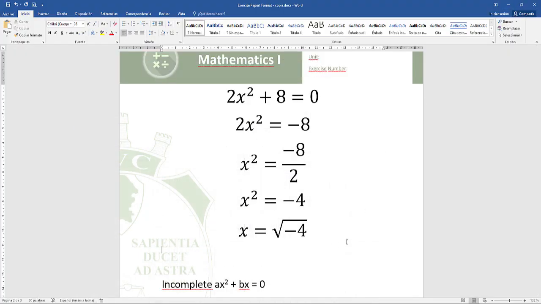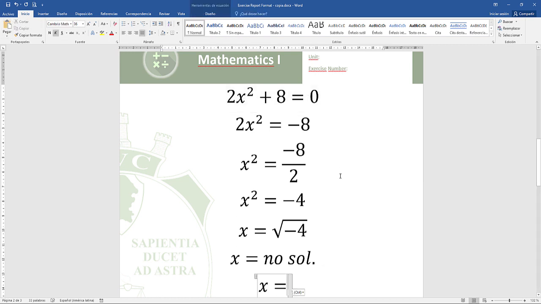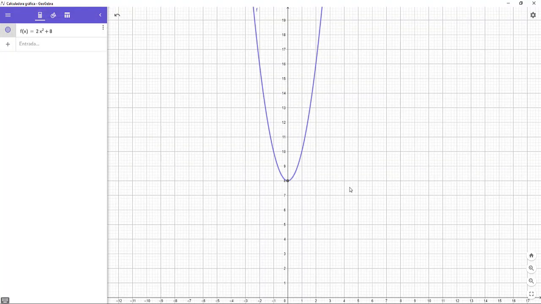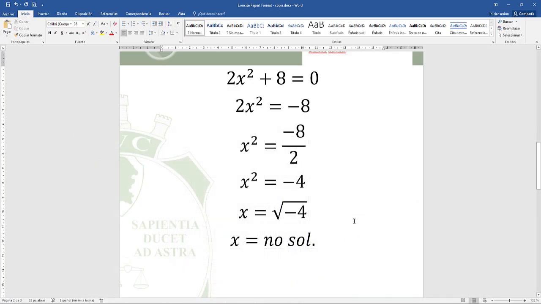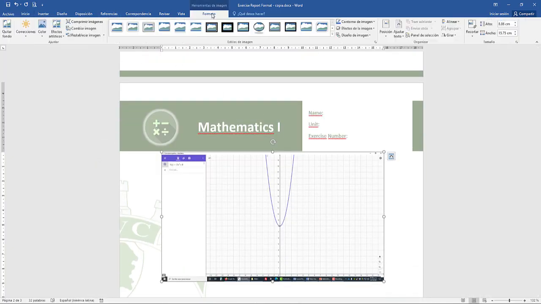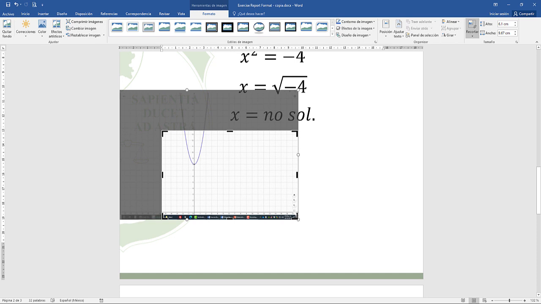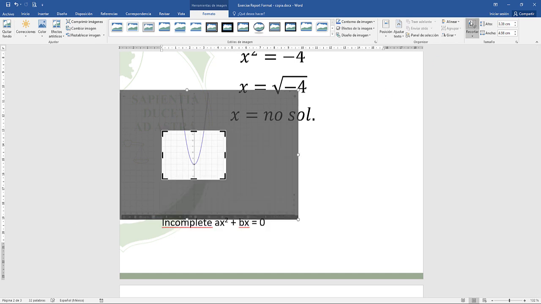So in that case you have no solution. Let me take a screen capture of that, and you need to cut the image.